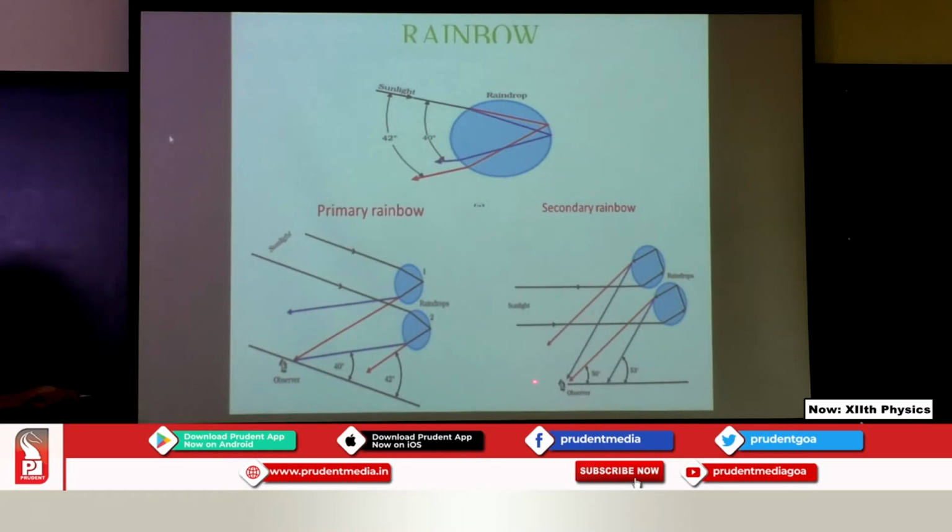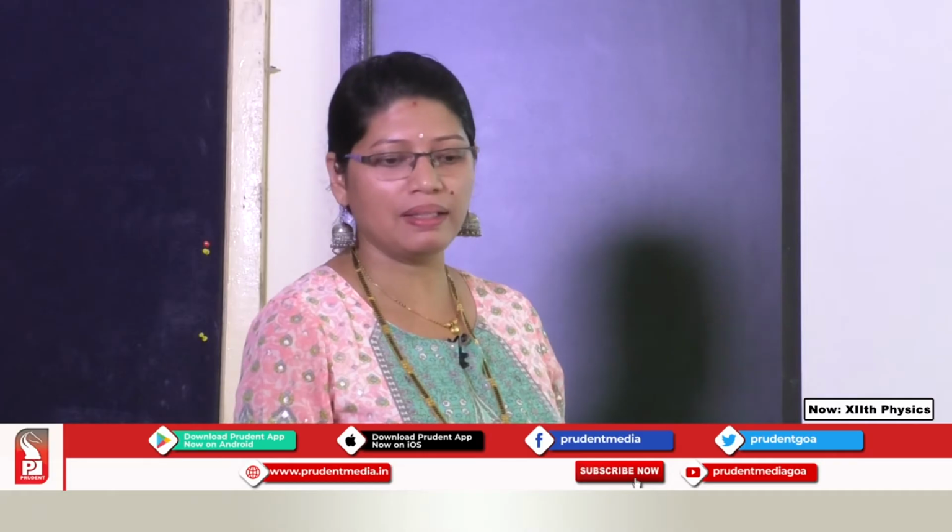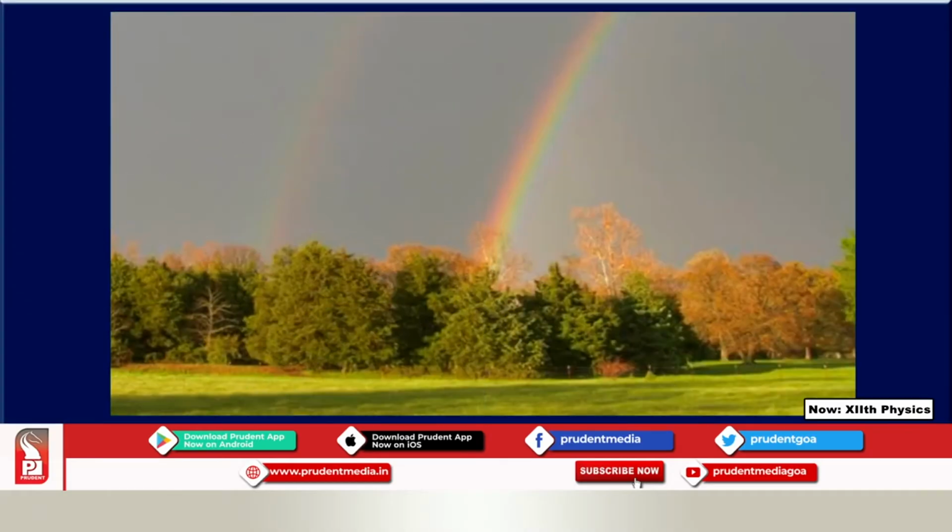So finally an observer sees the violet on top and red below, and the secondary rainbow is fainter than the primary, because it suffers 2 total internal reflections. So this is how a rainbow is formed. I can show you a picture. Here you can see a primary rainbow and a secondary, wherein the secondary is fainter than the primary.